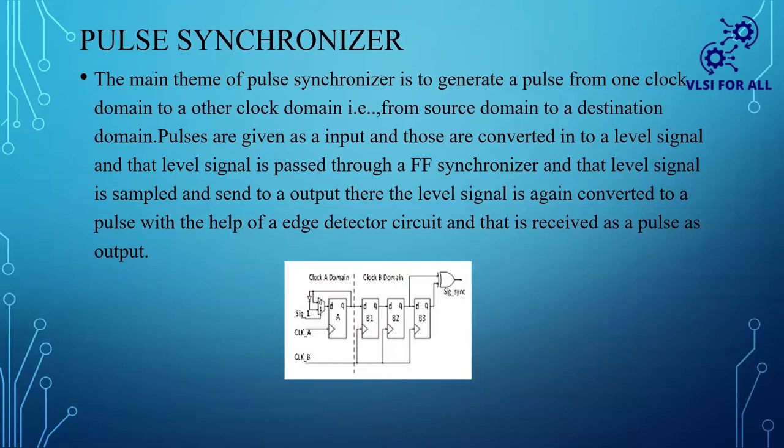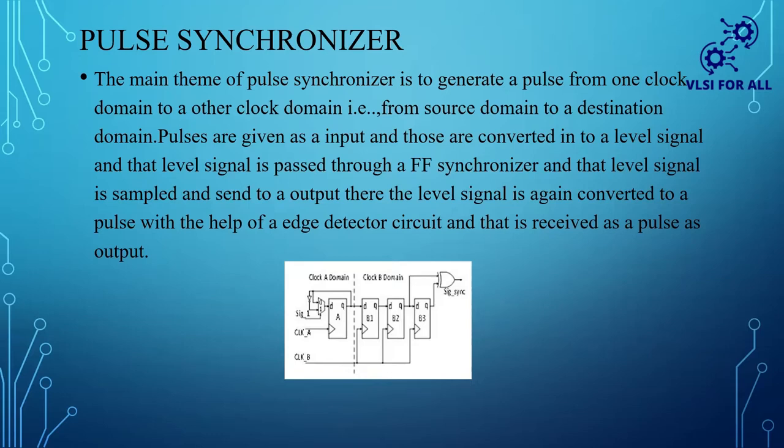The pulse synchronizer first converts the pulse signal into a level signal, and that level signal is passed to a two flip-flop synchronizer. The level signal gets sampled there, and we receive an output.